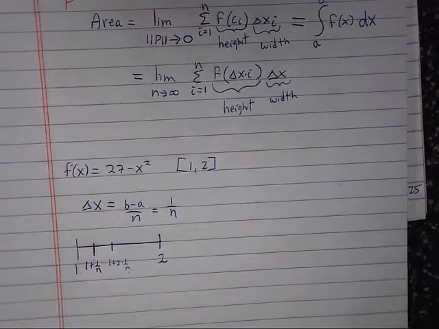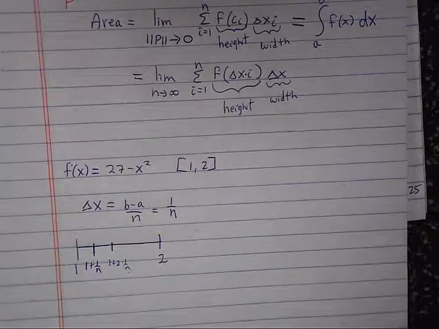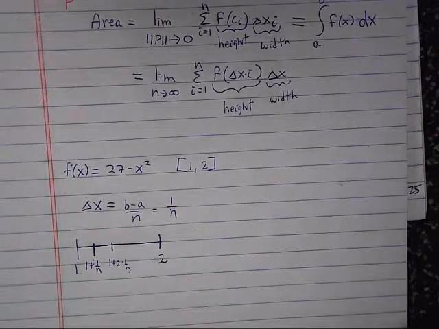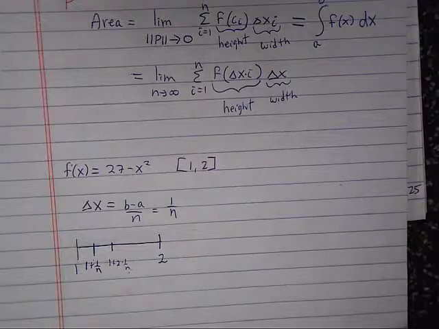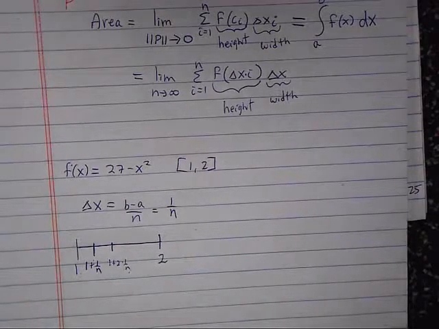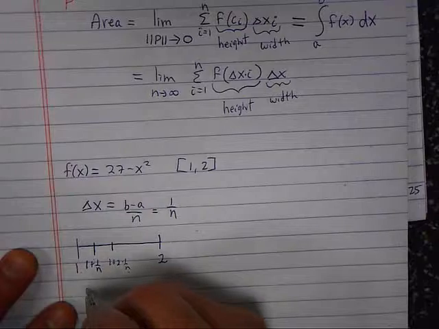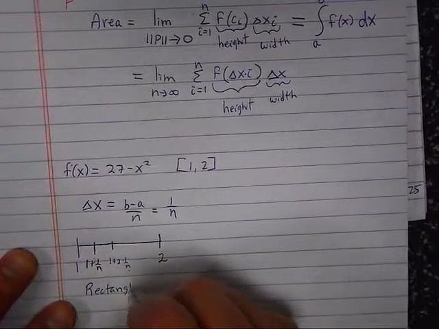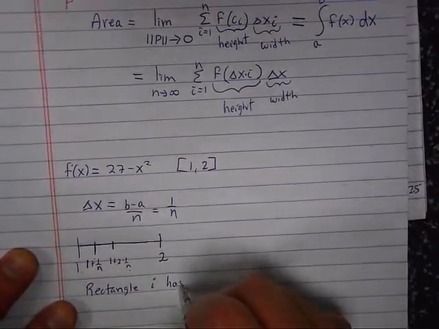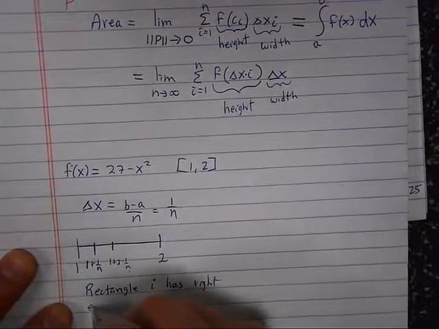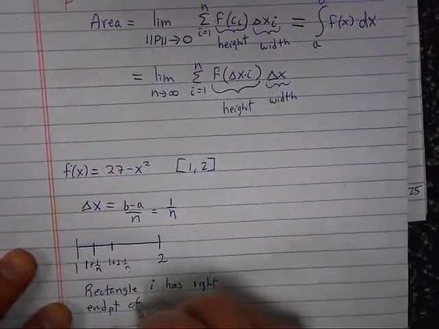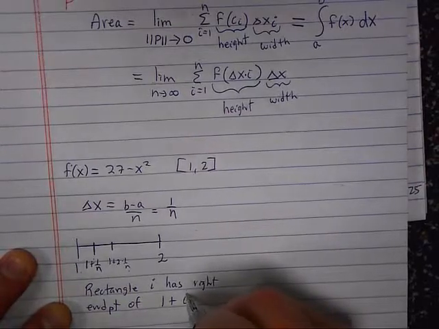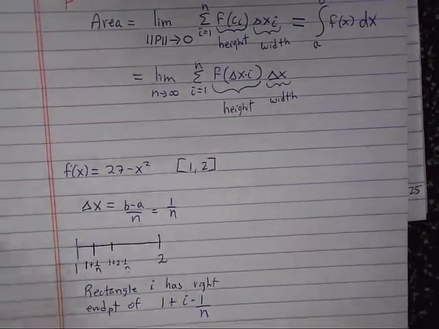Where's rectangle number 57 going to end? 1 plus 57 times 1 over n. Where will rectangle number i end? Where I don't know specifically what the number i is. What's that? 1 plus, so rectangle i has right endpoint of 1 plus i times 1 over n.